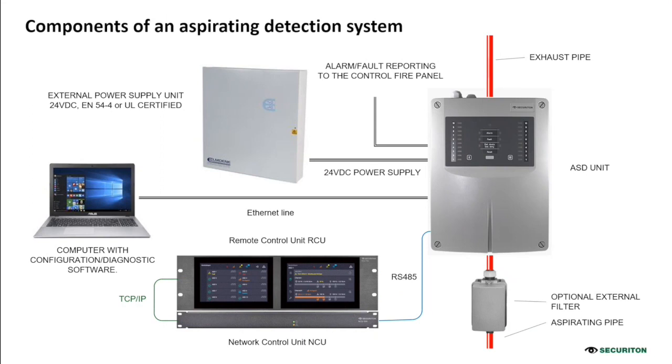Let's see the components of an aspirating detection system. It's not only the ASD unit, but there are also other accessories that you can find. There is always an external power supply to power the unit, and this power supply has to be certified for EN54 or UL, depending on the market.